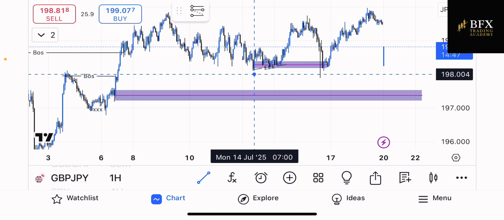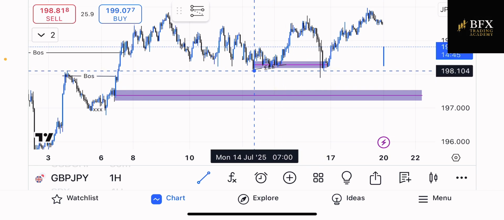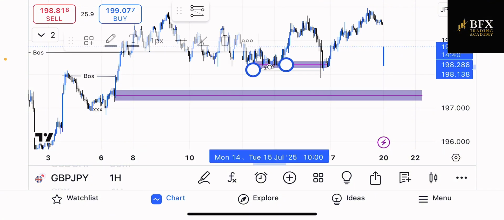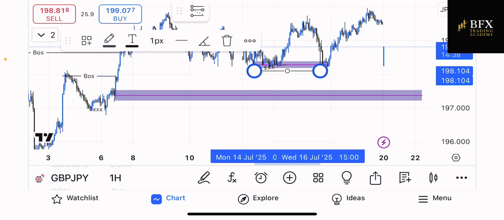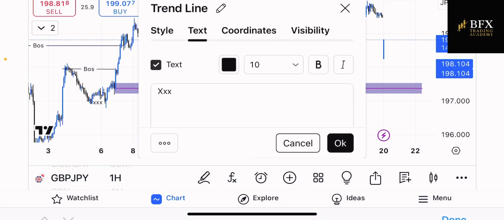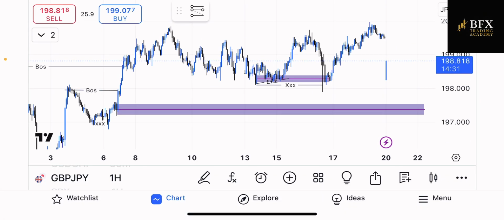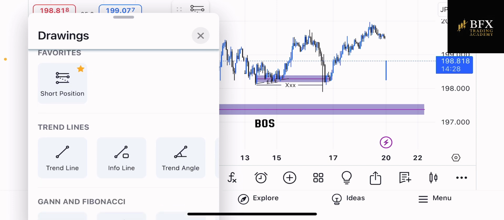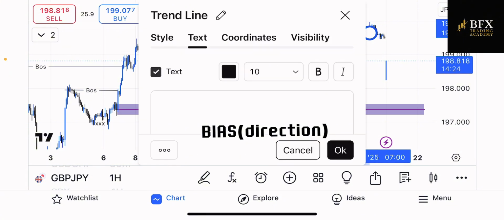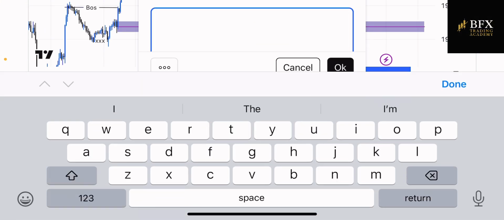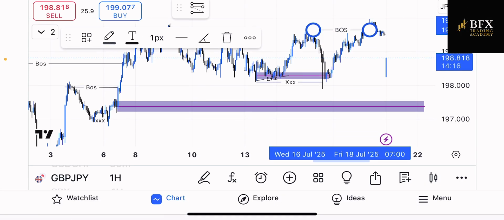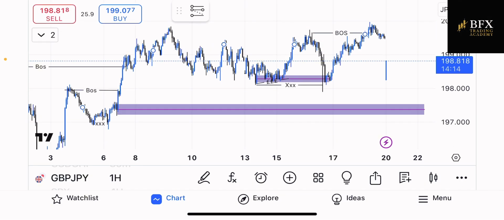Now look, we had a sweep of liquidity, followed by a BOS. That means we are following the market bias, the bias of the market, also known as the direction move.